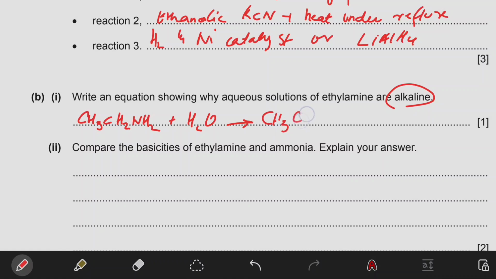CH3CH2NH3+, don't forget to show the plus, plus OH-, because one hydrogen was taken from water. Alkaline means these hydroxides should be present, that's what contributes to the alkaline condition.